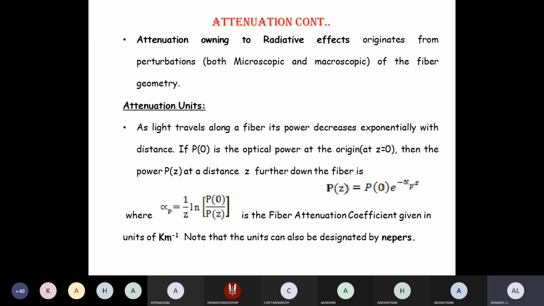Here the energy is radiated. It is neither absorbed nor scattered. So you should have a clear idea of what I mean by absorption, scattering, and radiative effects. That is the third one: attenuation owing to radiative effects originates from perturbations of the fiber geometry.